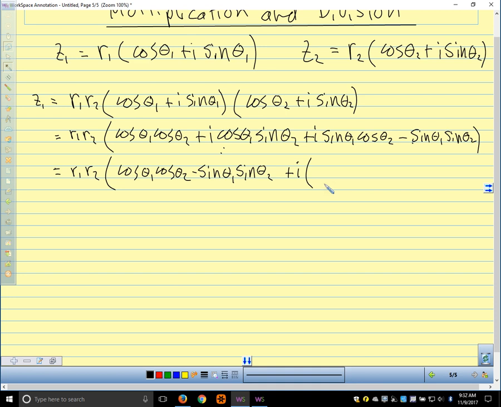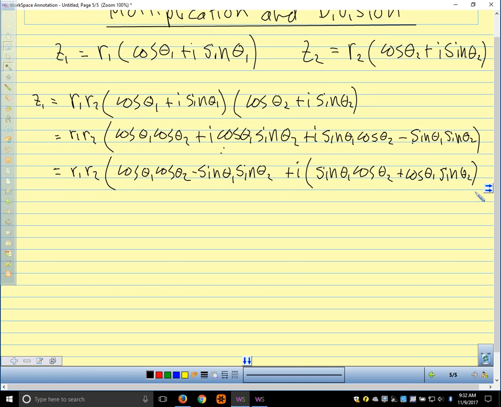There's an identity there. And for the second one, I get sine theta 1 cosine theta 2. And I'm going to write this in the other order, so I get cosine theta 1 sine theta 2. Does this look familiar?